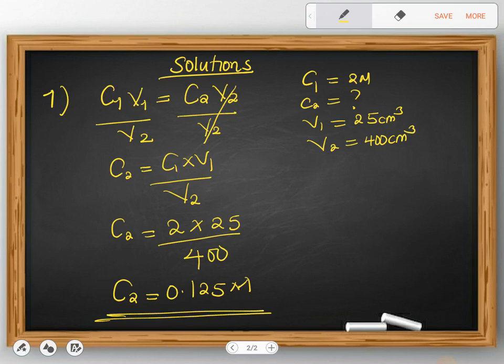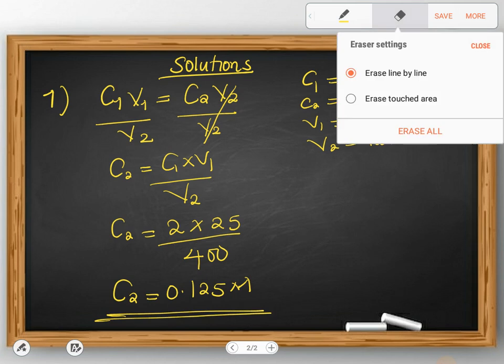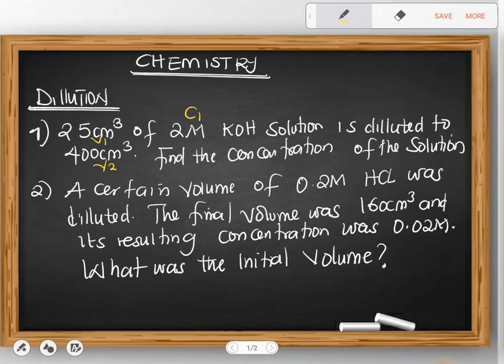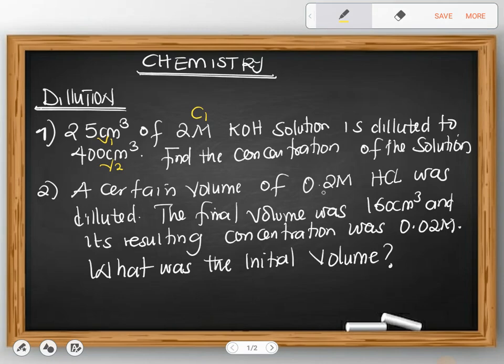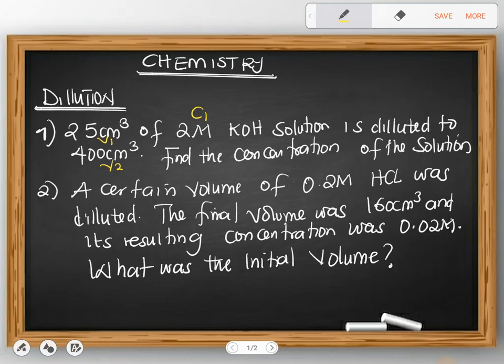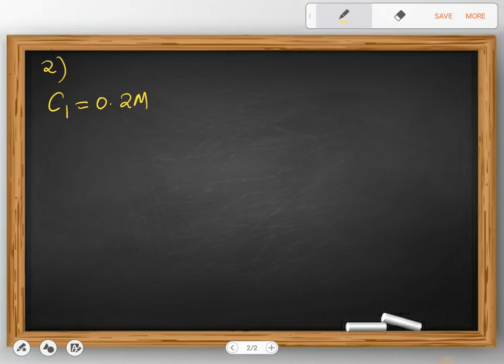Is it okay? Let's look at question 2. It says a certain volume of this concentration was diluted. So we have initial concentration C1 of 0.2 molar. This is V1, then V2.